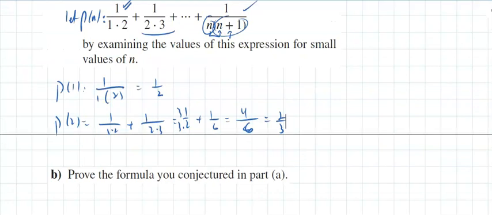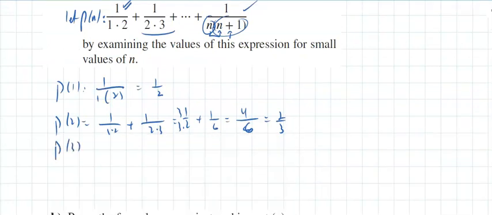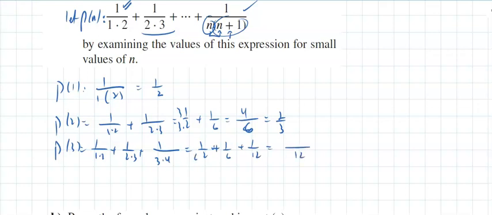If I want to find the next term, P of 3, that is 1 over 1 times 2 plus 1 over 2 times 3 plus, putting a 3 there, 1 over 3 times 4. Now I could say 1 over 2 plus 1 over 6 plus 1 over 12, and that turns out to be 3 over 4.